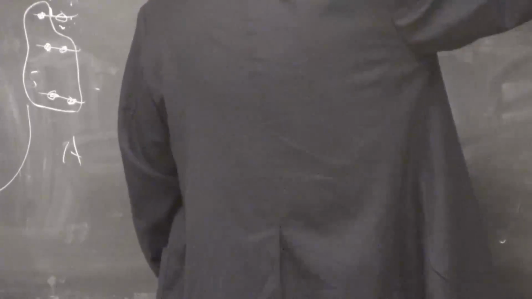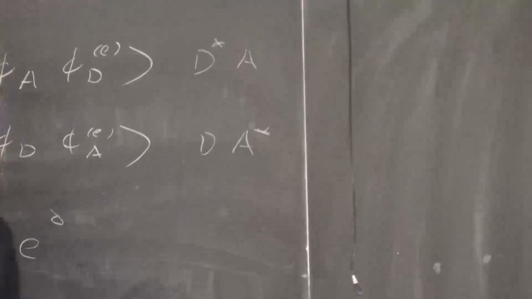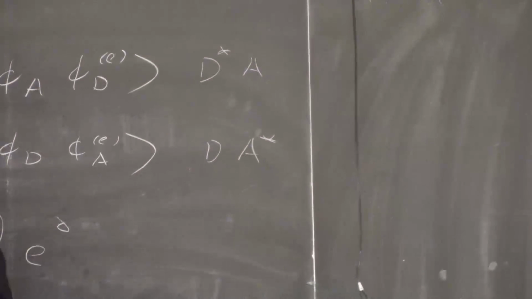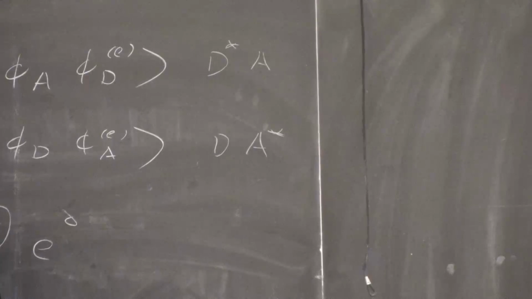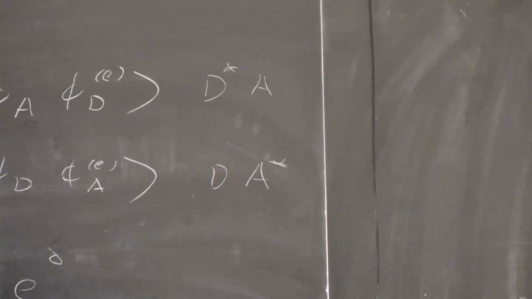So this would be d star A, and this would be d A star. That would be equal to 2 pi over h bar times w final.